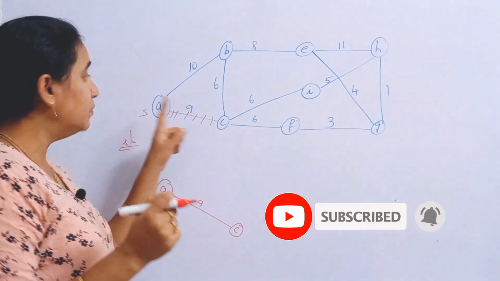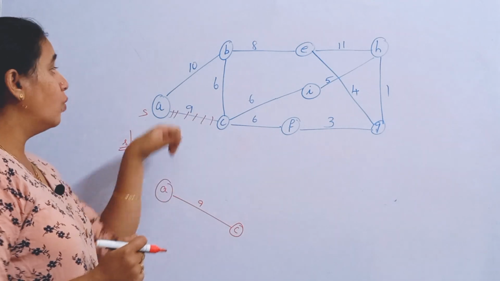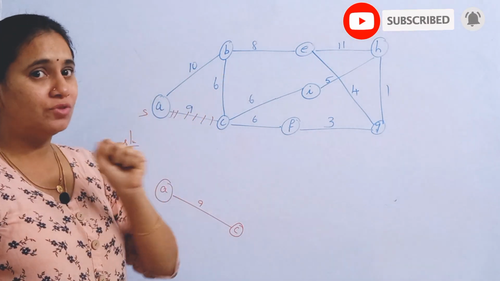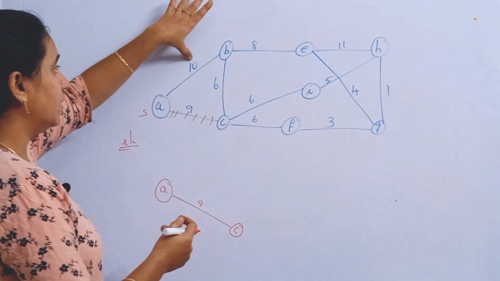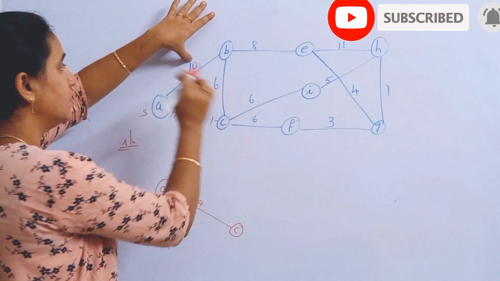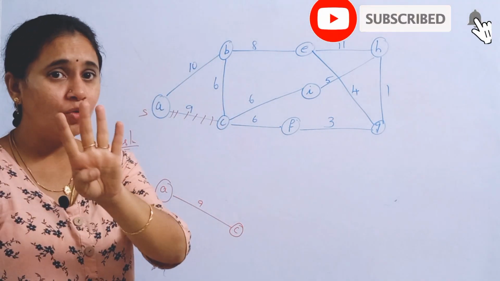Then from the previous vertex, this is the previous vertex of C, isn't it? What are all the edges that are unselected? So that also you should see for the weight. So 10, 6, 6 and 6. So we have 4 values.